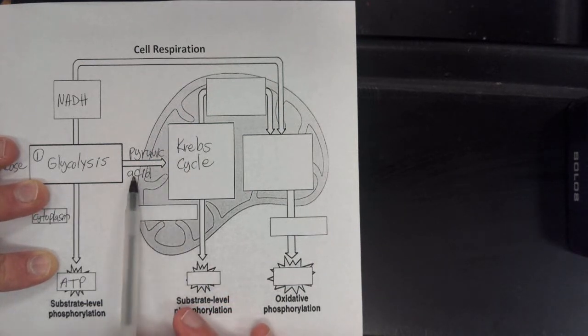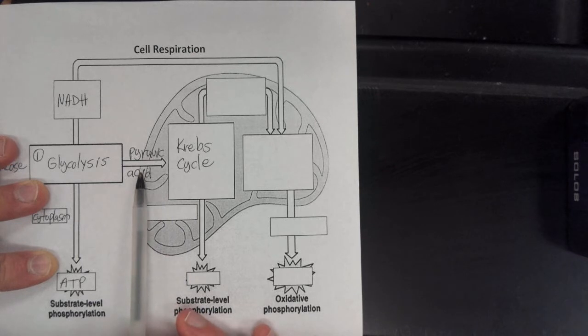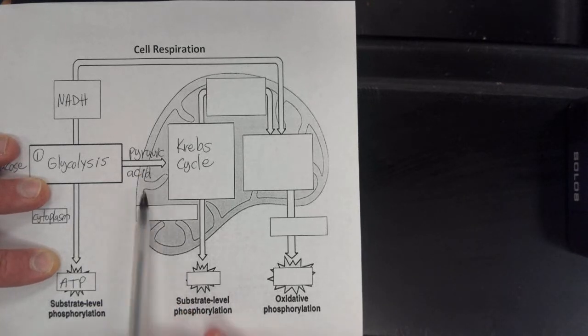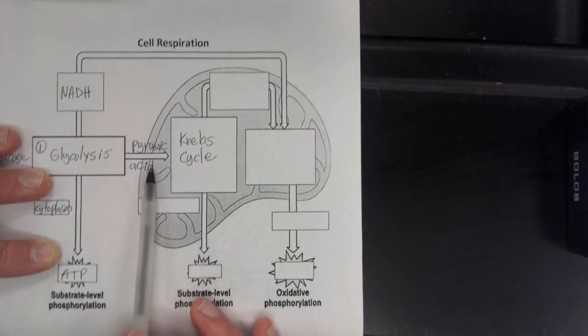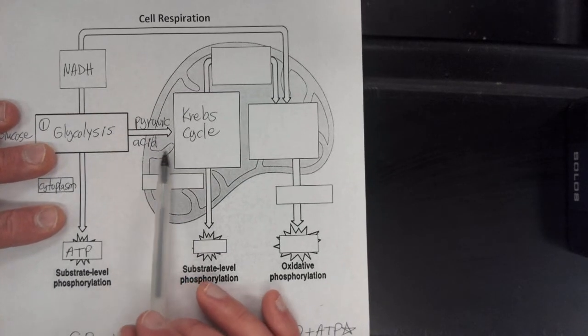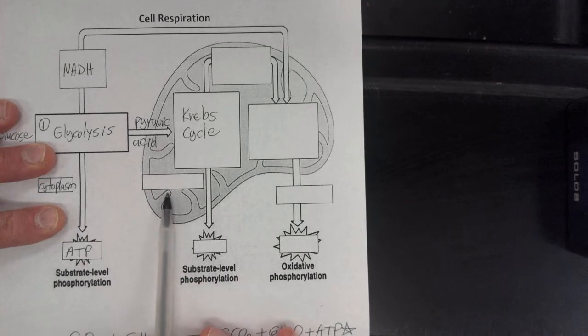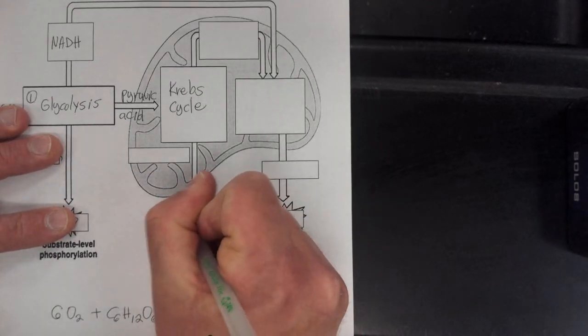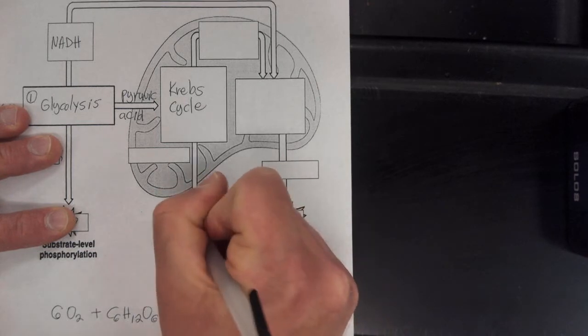So basically what's happening here is that pyruvic acid or pyruvate is going through a series of reactions by different types of enzymes, and basically it's being modified, carbons being added, carbons being removed. But at this step, we actually get some ATP being made. We get more substrate level phosphorylation.